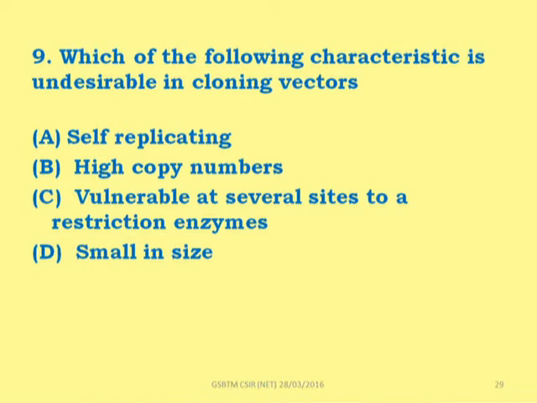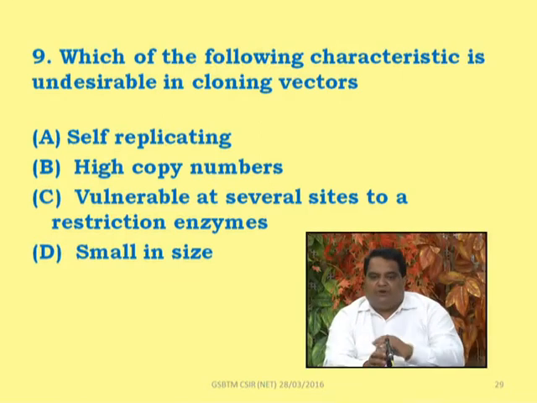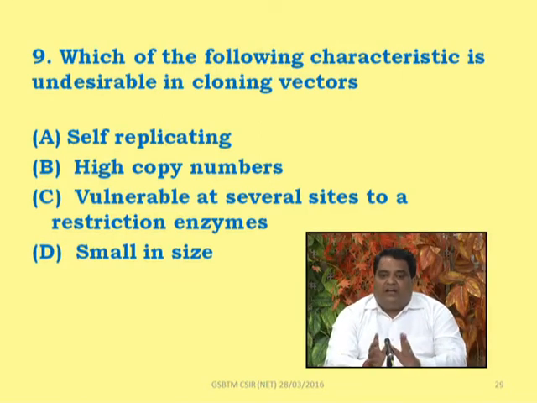Next one. Which of the following characteristics is undesirable in cloning vectors? It's a very straightforward question. I had already discussed that if we select any vector molecule, then the vector must satisfy certain criteria, and 3 are called essential criteria. One is it must have a multiple cloning site, meaning it must have unique restriction sites for several restriction enzymes.